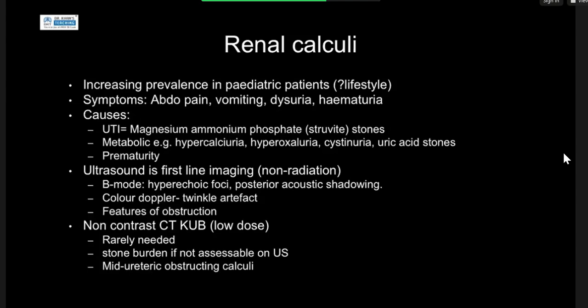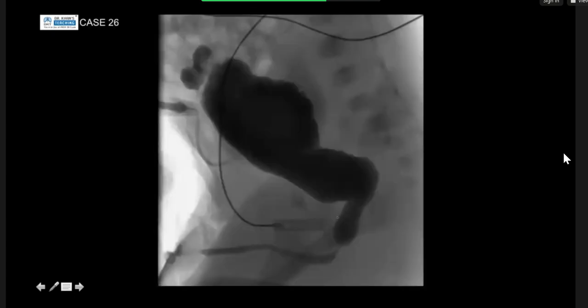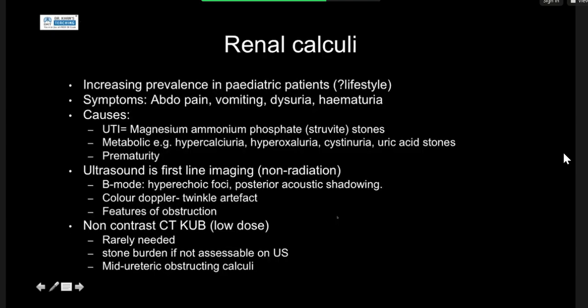If we can't see it proximally or distally, it's probably in the mid-ureter, so we need to find it. Also, sometimes we can't assess the full stone burden on ultrasound. We will then go on to do a CT-KUB. And because we're trying to minimize radiation, we'll tend to do a low-dose CT-KUB, particularly focusing just on the kidneys rather than including the pelvis, so we can minimize the radiation dose to the pelvic organs.